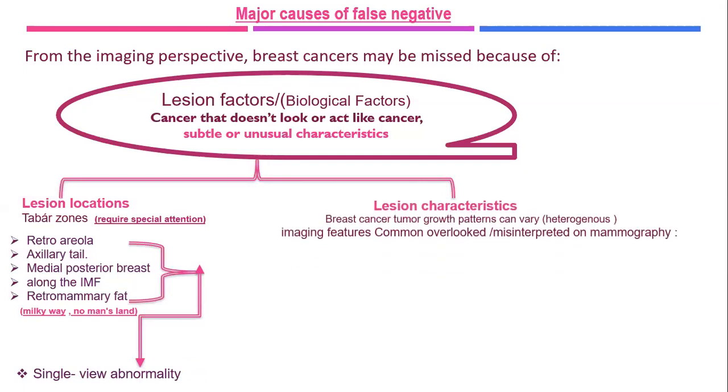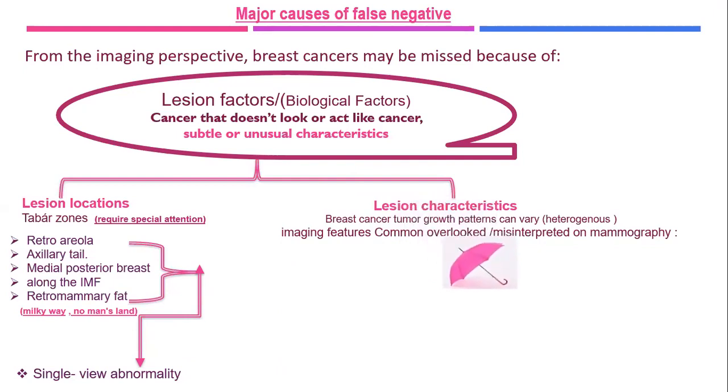The other factor is the lesion characteristics. As you know, breast cancer is a heterogeneous disease and not always presenting with the same imaging appearance. It might have a different look and different appearance that can result in overlooking or misinterpretation.